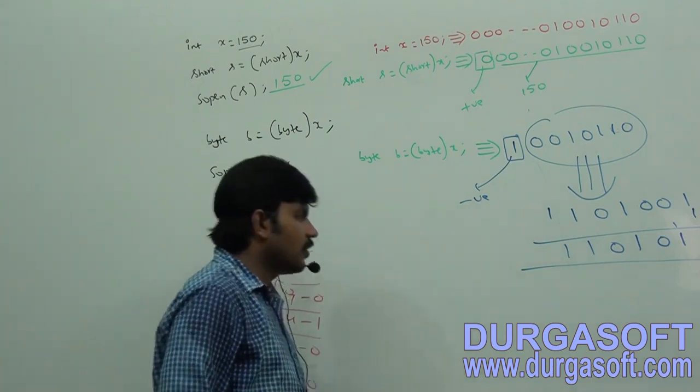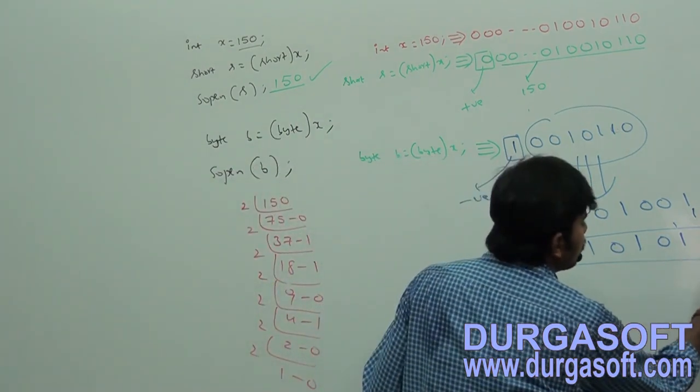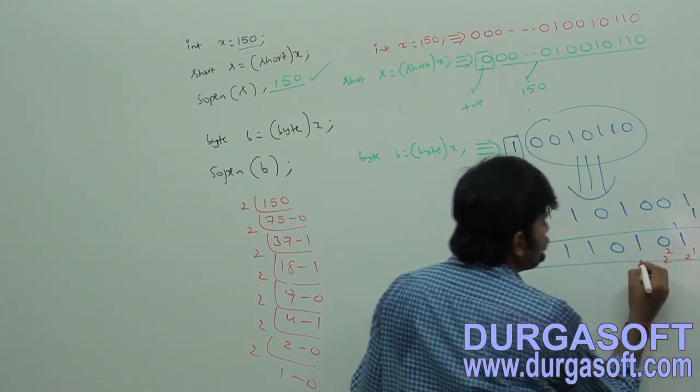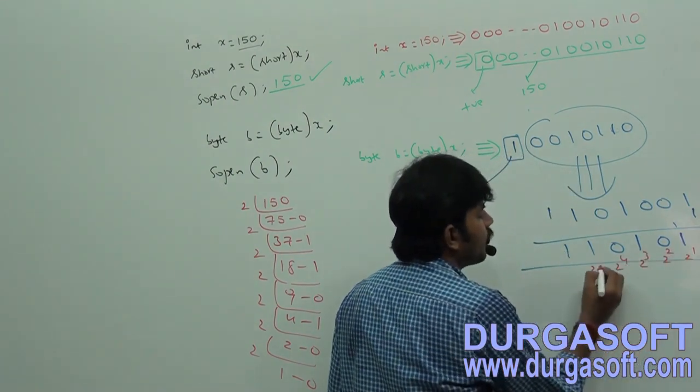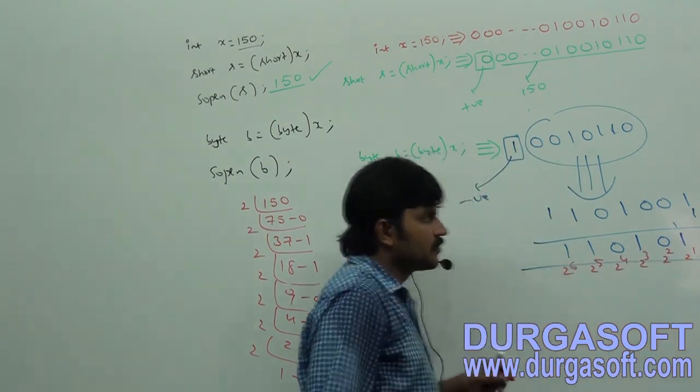Now listen. 2 power 0, 2 power 1, 2 square, 2 cube, 2 power 4, 2 power 5, 2 power 6. Correct or not?